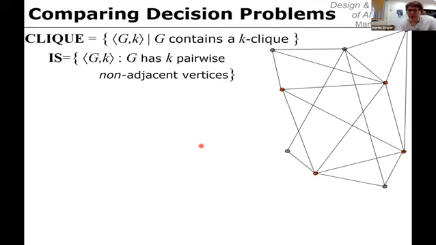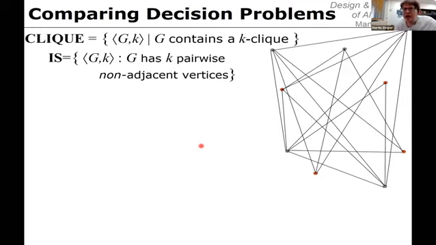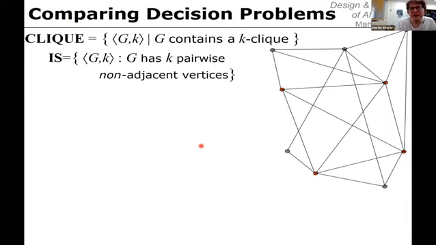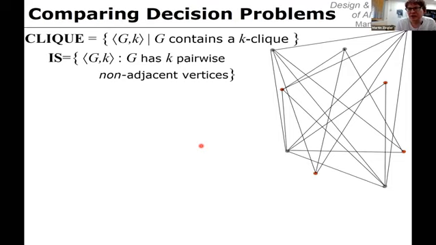That means every edge that was present before is now absent afterwards, and vice versa. And by our observation, this new complement graph has a clique if and only if the original graph had an independent set of size k. And since we operate on the hypothesis that there is a polynomial time algorithm for the clique problem, we can thus solve the independent set problem by using that hypothetical algorithm.